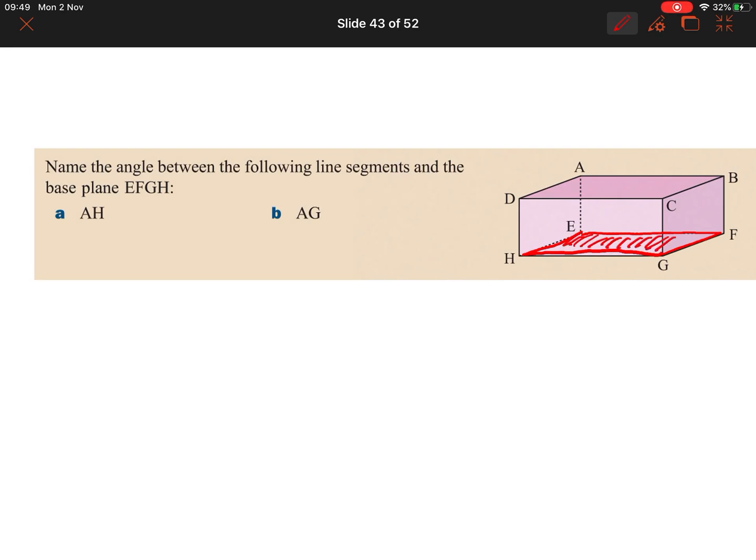Okay, a flat two-dimensional surface. So this is your base plane. Okay, so the base plane we could describe as E, F, G, H, this shape here. Okay, that's a plane. And we are wanting to also know what the line segment AH is.